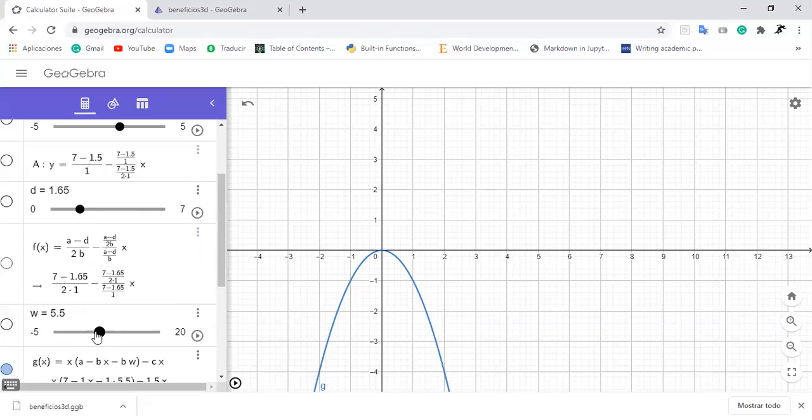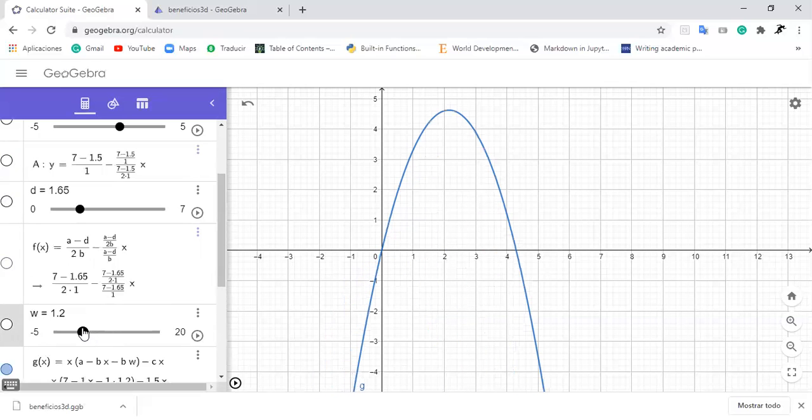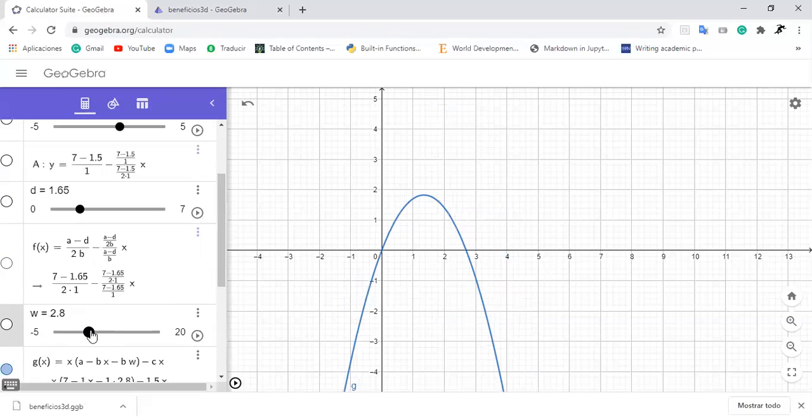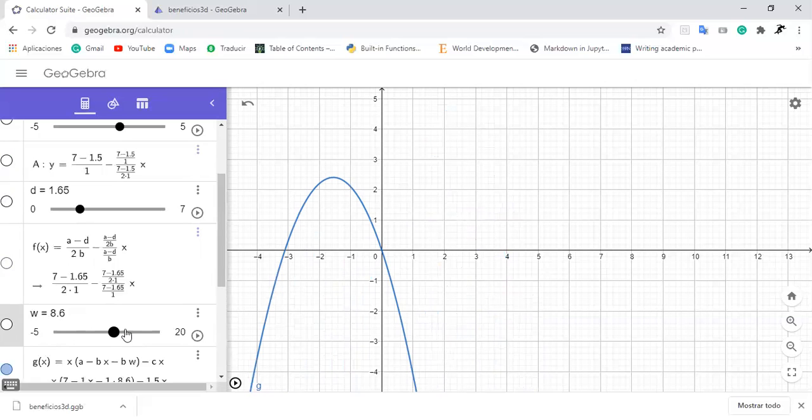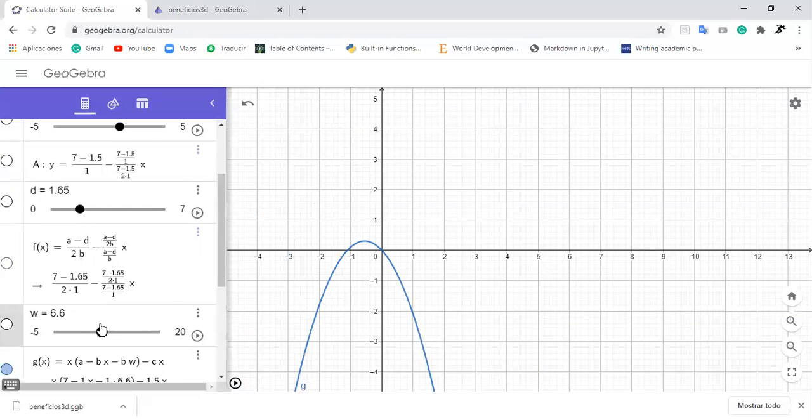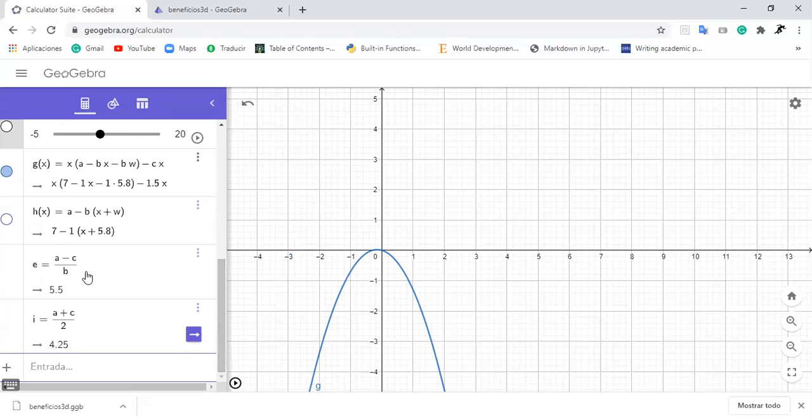And if firm number 2 is producing less than 5.5, we have the parabola in the positive section of this plane. But if firm number 2 is producing more than 5.5, for example, 6, then we have the parabola in this negative section, okay? So the limit is given by this expression.